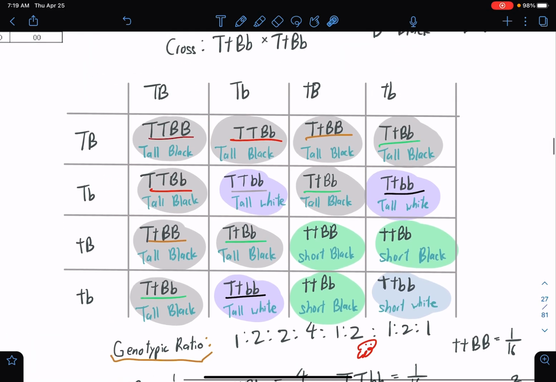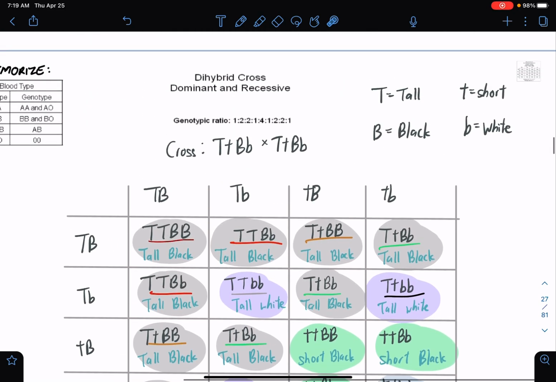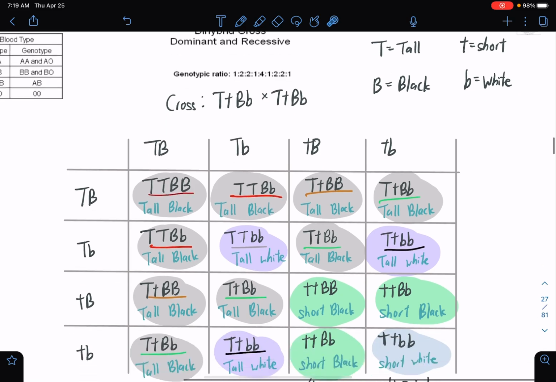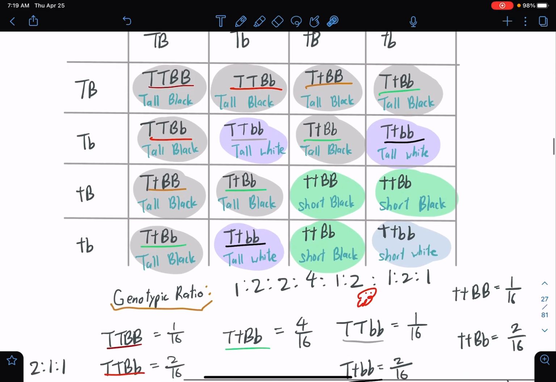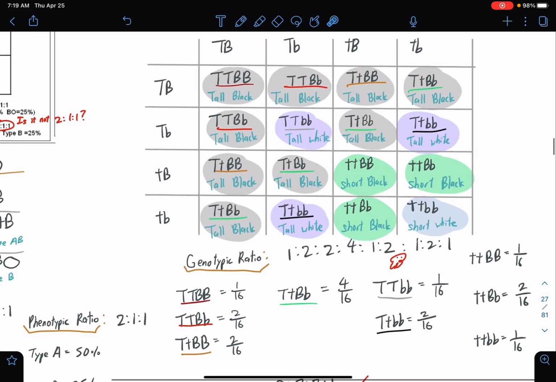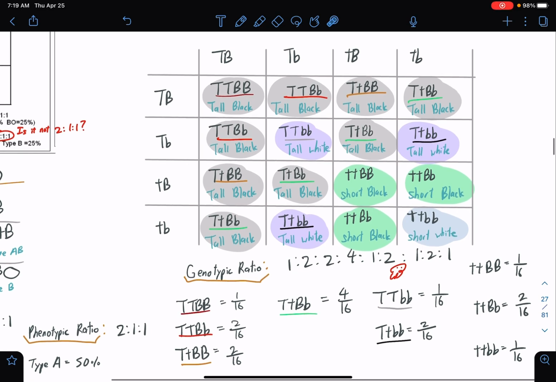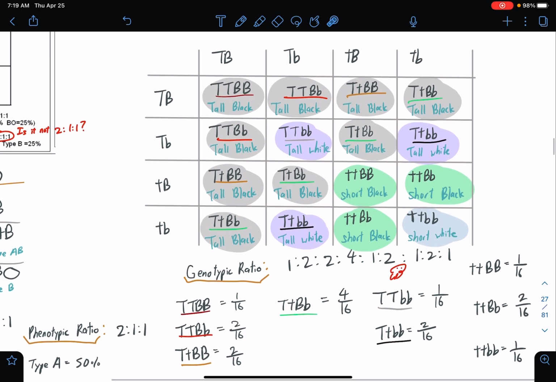So what's the genotypic ratio? Well, it's already stated here. For capital T, capital T, capital B, capital B, we have only 1. Although everything in the gray highlight is of the same phenotype, the genotype is still different from each other. So we just diversify them basically.